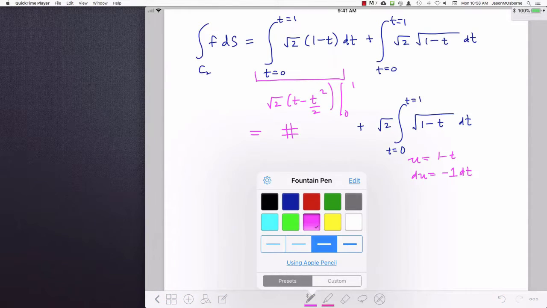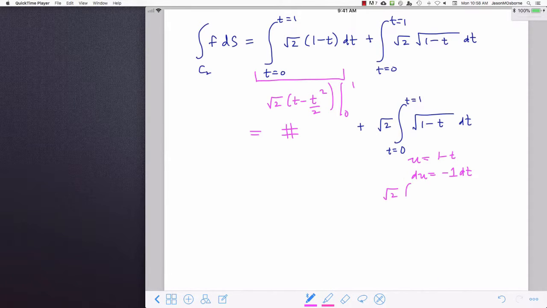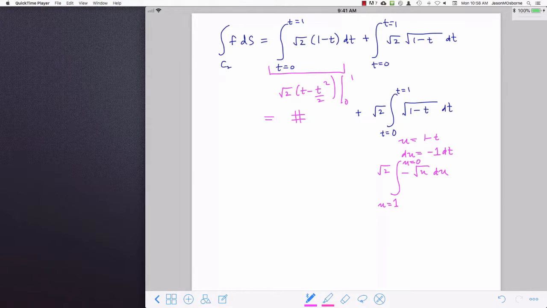So when you change the variables, you get square root of 2 times the integral of negative square root of u du, and at time t equals 0, u is equal to 1, and at time 1, u is equal to 0. Which again is a pretty straightforward integral: negative square root of 2 times u to the 3 halves with a factor of 2/3 on it. And then you evaluate that from u equals 1 to u equals 0.